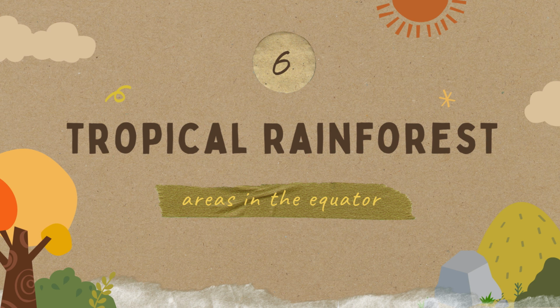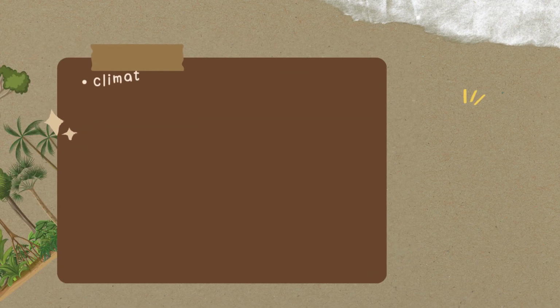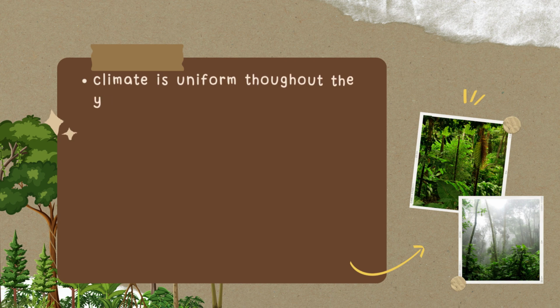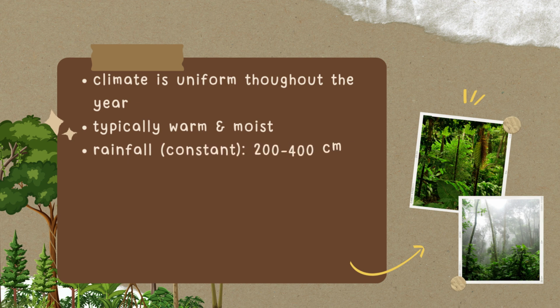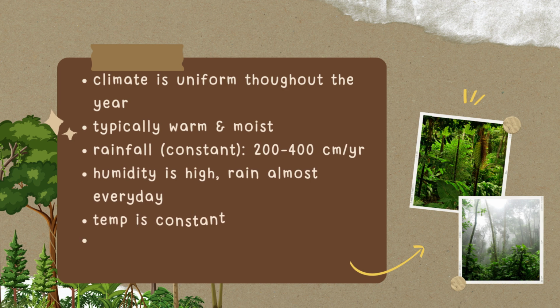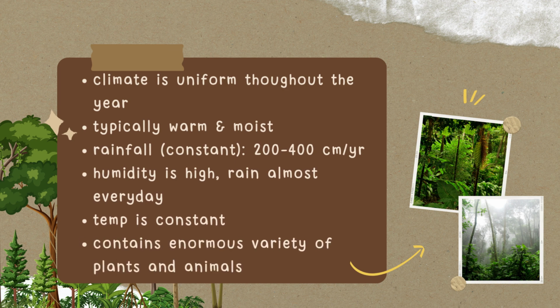Okay, among tropical rainforests. Again, tropical rainforests are those that can be found within the areas of the equator. And among all of the land biomes, these tropical rainforests are the most biodiversity-rich type of biome when it comes to vegetation and animals.